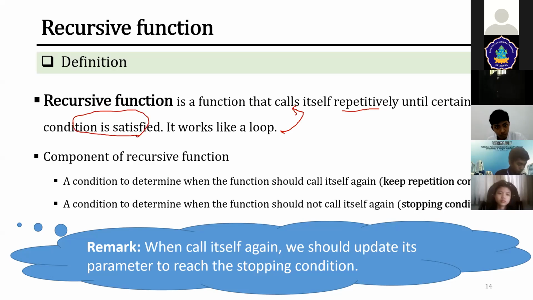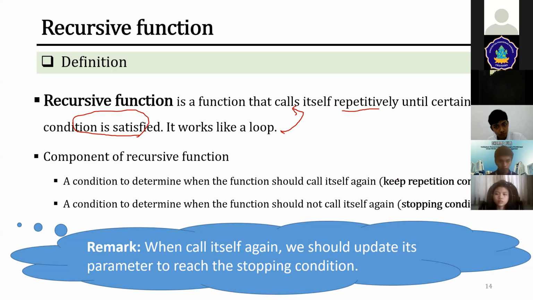For example, if the number is first 10, and each time we call this function we reduce the number by 1, decrementing it. If we call it 10 times, the number will reach 0, so the stopping condition can be 0. If it is 0, stop, no need to call it again. Otherwise, repeat, call it again, but with the number minus 1.